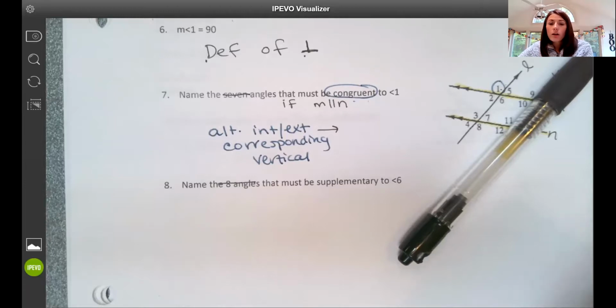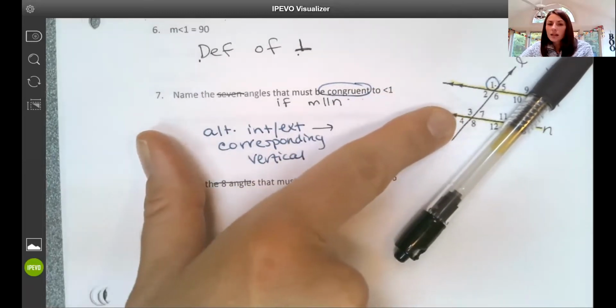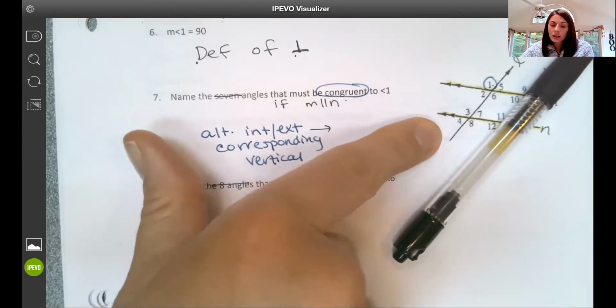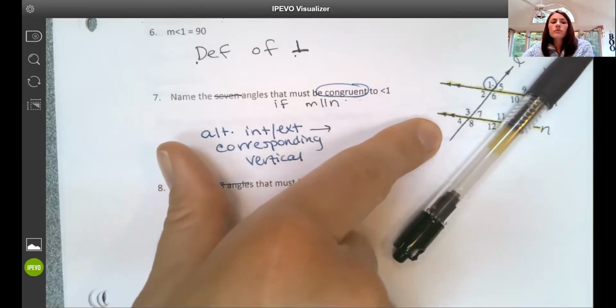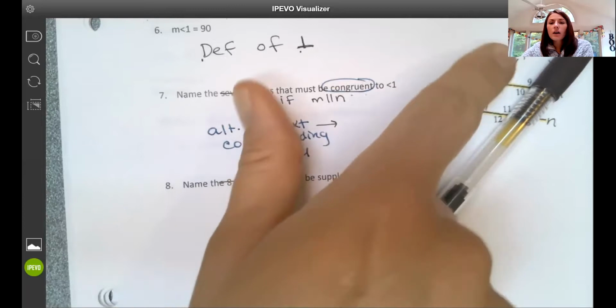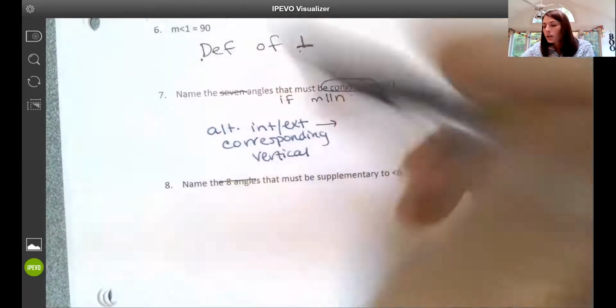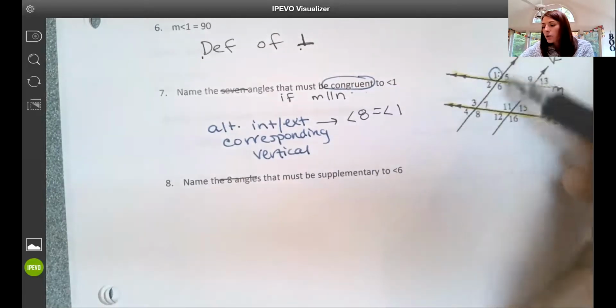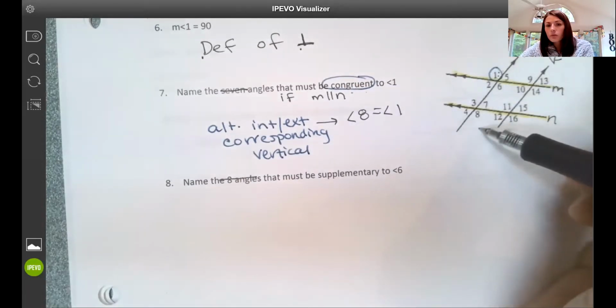Like 4, but 4 would not be congruent. 4 is same side exterior, and same sides are supplementary. Which one's alternate exterior? 8, yeah, 8 is alternate exterior. So angle 8 would be equal to angle 1. If I knew angle 1, I could find angle 8.